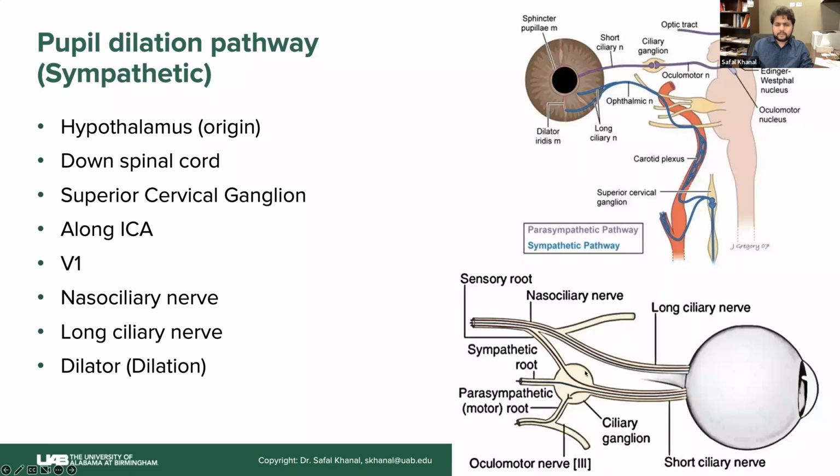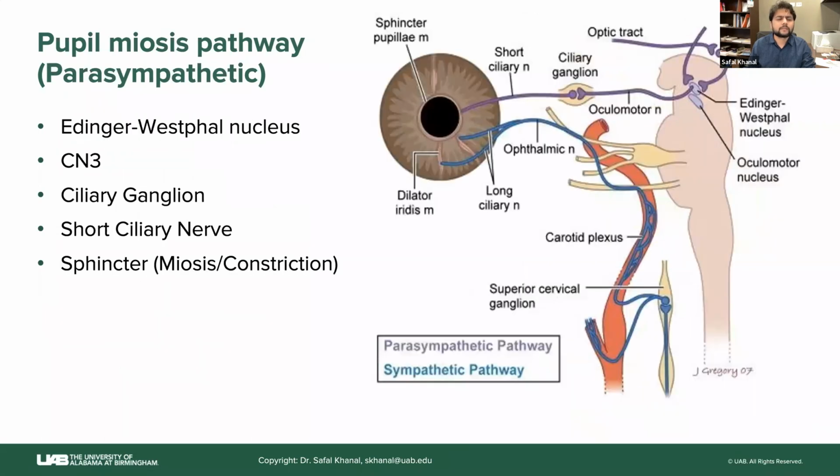Your parasympathetic pathway travels along the oculomotor nerve, then comes to the ciliary ganglion, and then through your short ciliary nerve supplies the sphincter muscle. Again, here it is: Edinger-Westphal nucleus, oculomotor nerve, ciliary ganglion, short ciliary nerve, and then the sphincter muscle in the iris.